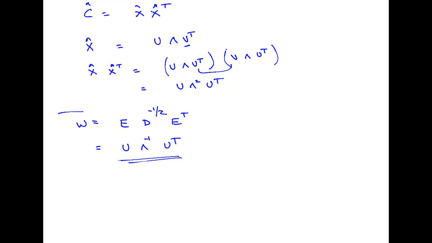So now what can we say? That W times X is white. Okay. So basically, what am I doing?